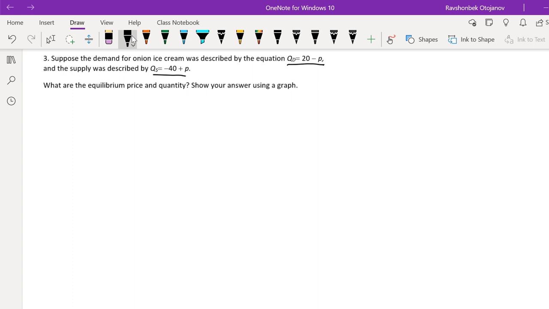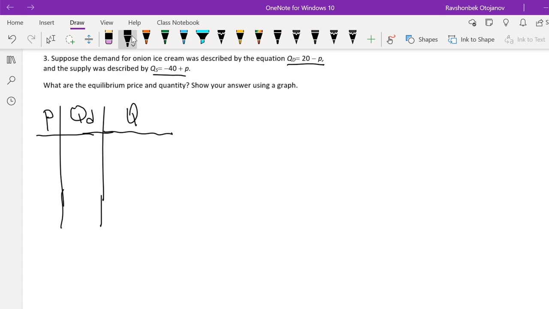So let's draw up a schedule for demand and supply. So when the price is a certain quantity, what are the values? This is quantity demanded, and this is quantity supplied. We'll start with prices 0, 5, 10, 15.